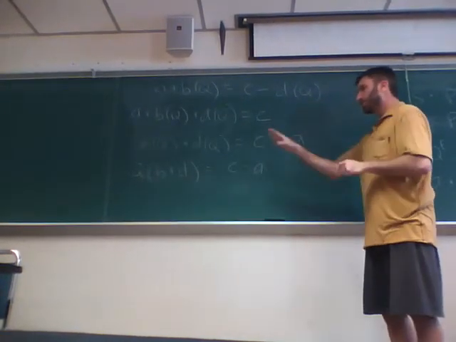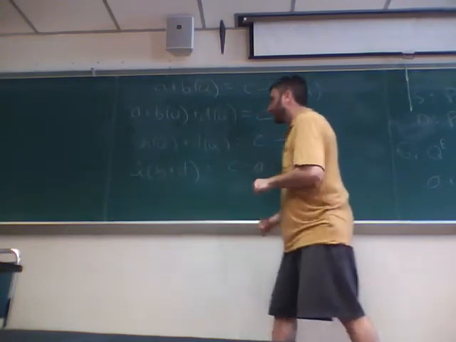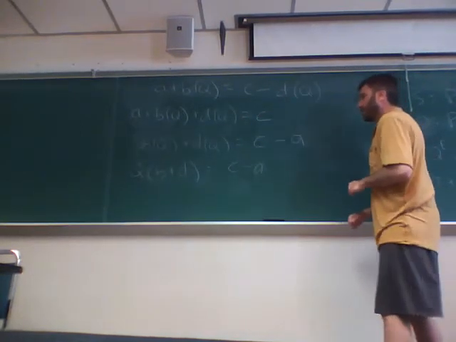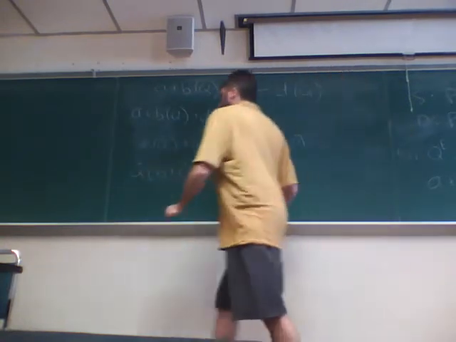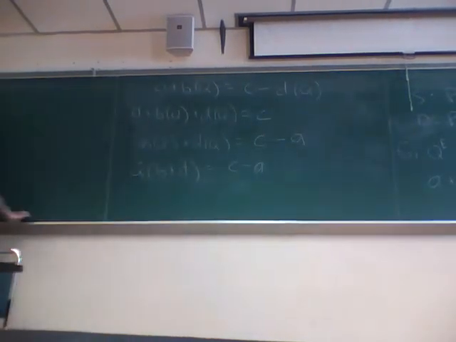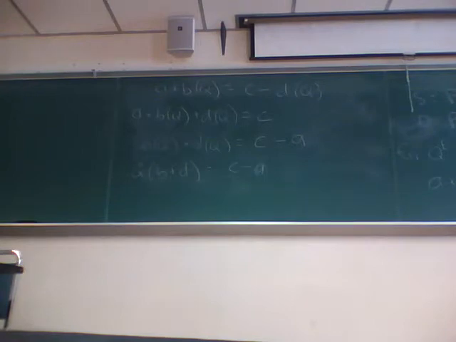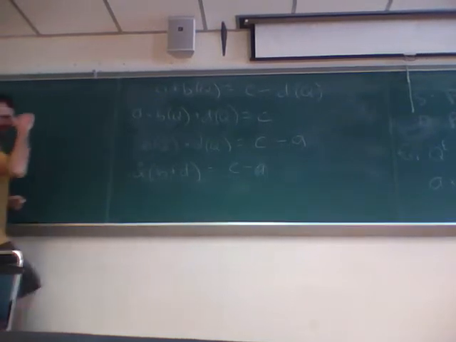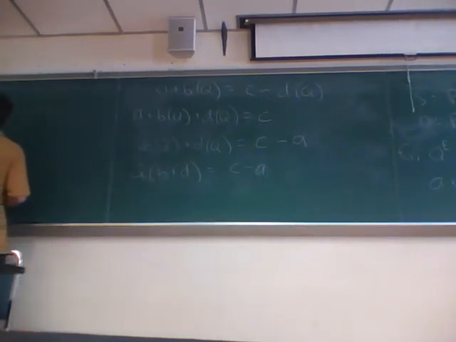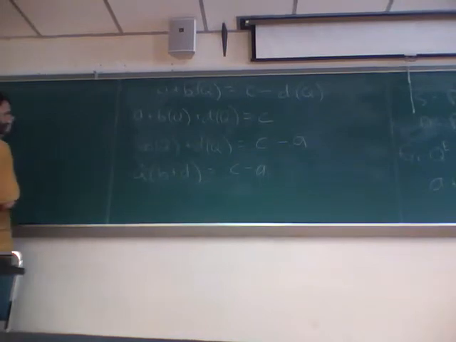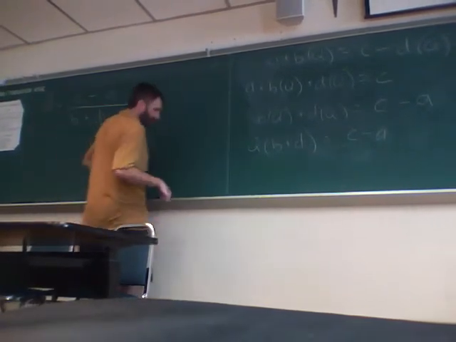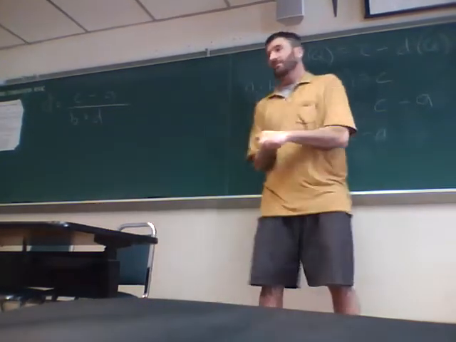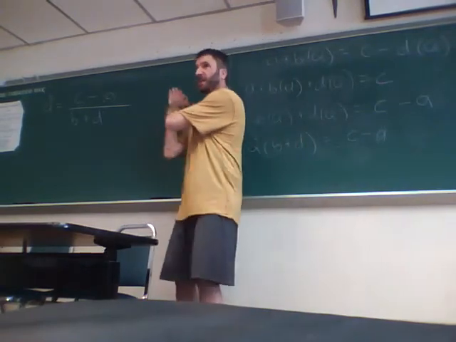Then I want Q all alone, so I factor it out of this. And then finally, to get Q all alone, that's going to give you an equilibrium quantity. Again, instead of letters, you're just going to have numbers.